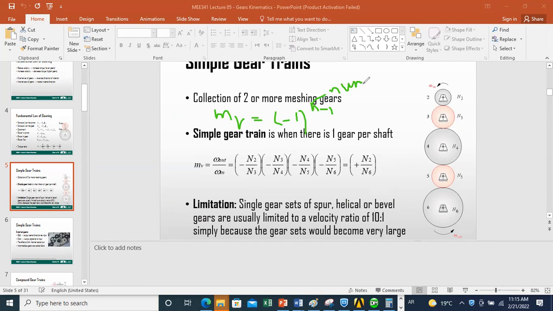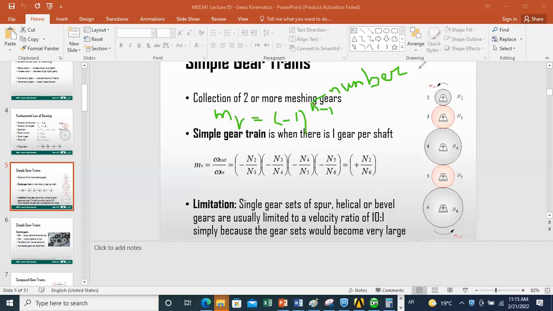This is why we'll see that when n is even, okay, then you will get opposing angular velocities. So mv will be negative. However, when n is odd, like here, you have 5 gears, your ratio will be positive.